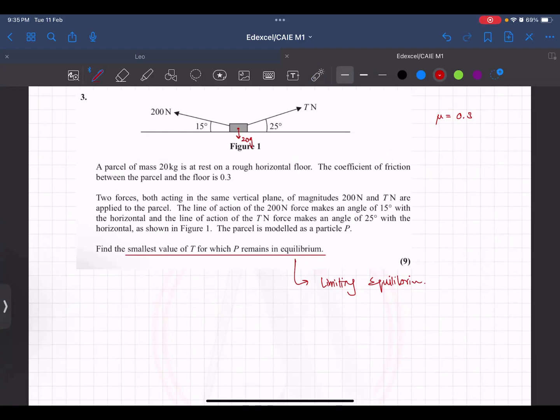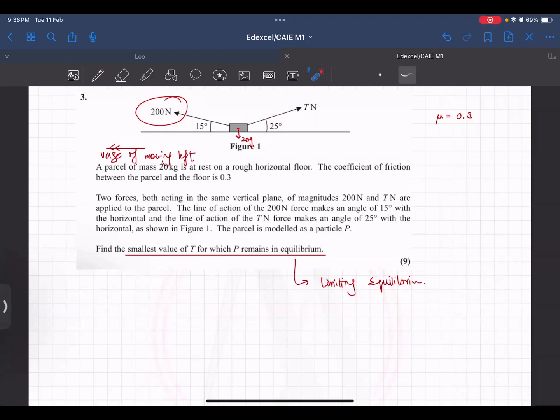The situation in which this 200 Newton is more effective, when the particle is just on the verge of moving on the left side. Because if we keep it this way, this means that this force is greater and this is smaller. The effect of this is smaller, and friction is also trying to oppose this one. So this is what my logic is telling me.